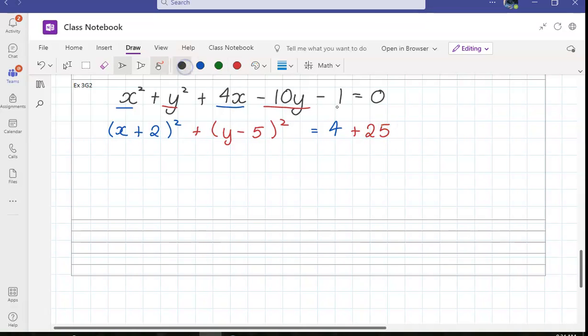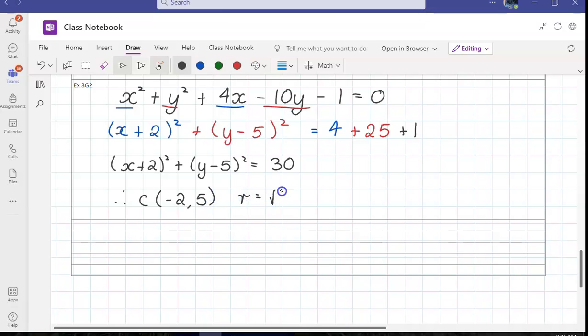No, because you can't forget your 1. So we've now got x plus 2 squared, y take 5 squared, 25, 26, 30. So therefore, we've got centre minus 2, 5, and radius root 30 units, which cannot be simplified.